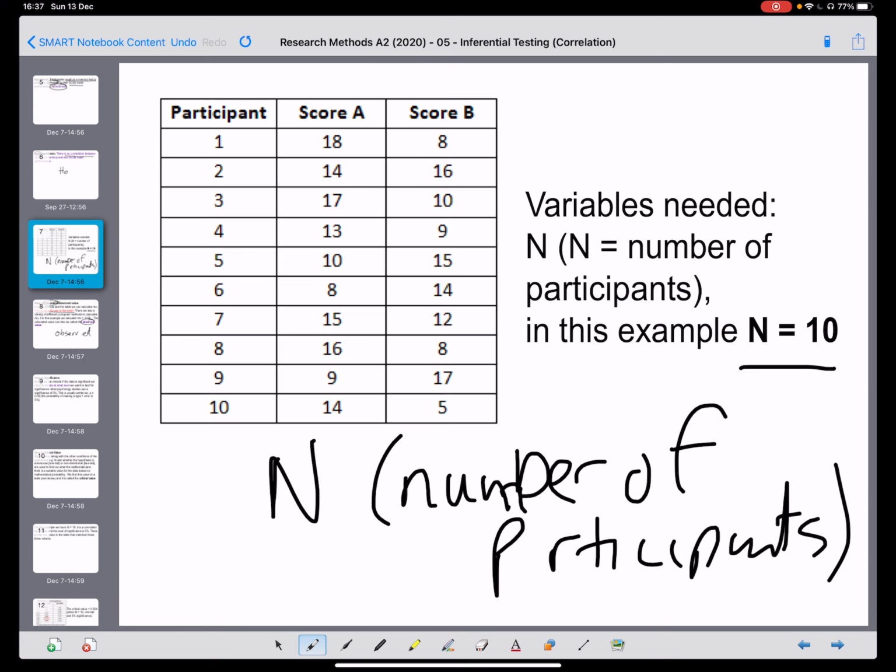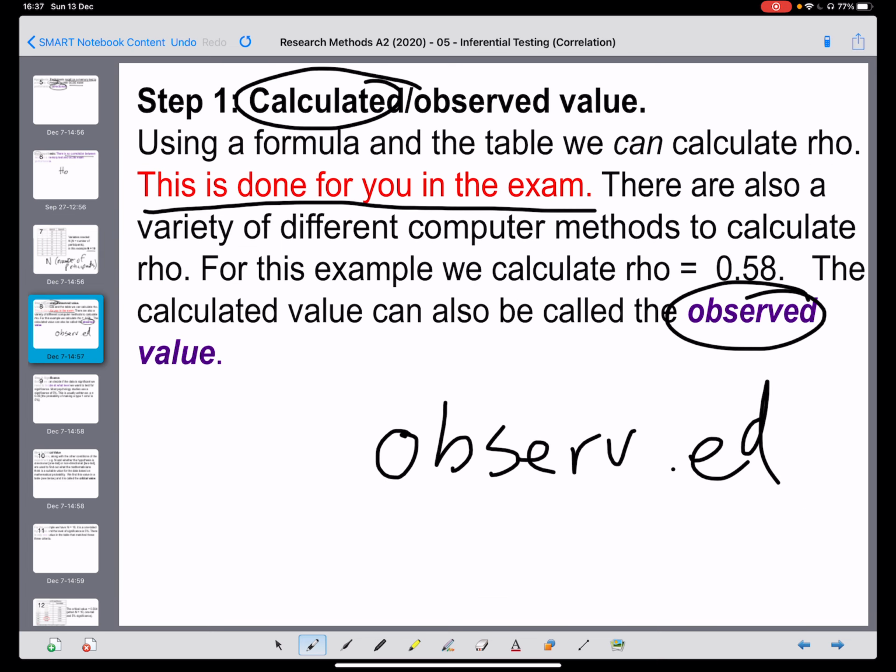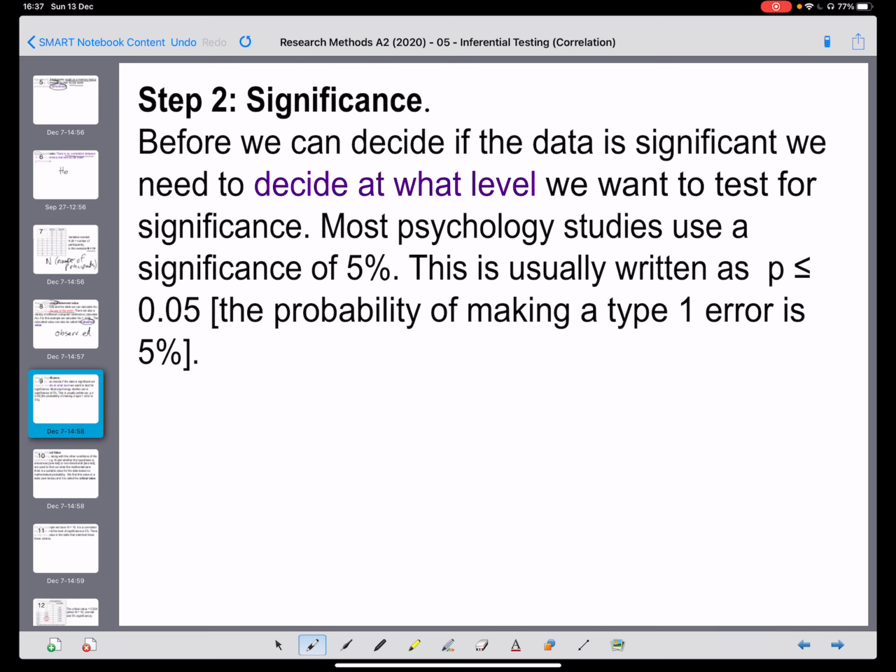It comes from this table here. They've used some kind of formula to work it out. And what we find is that it says the calculated rho is 0.5658. So we now have an observed value or calculated value of 0.58.